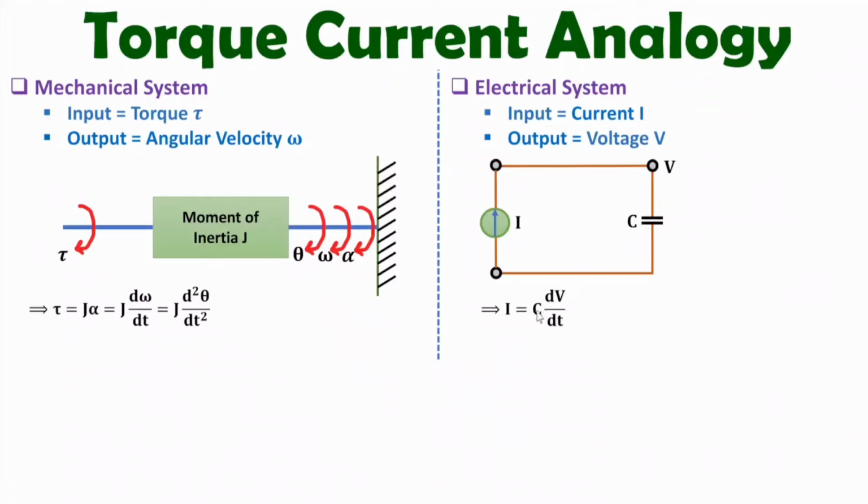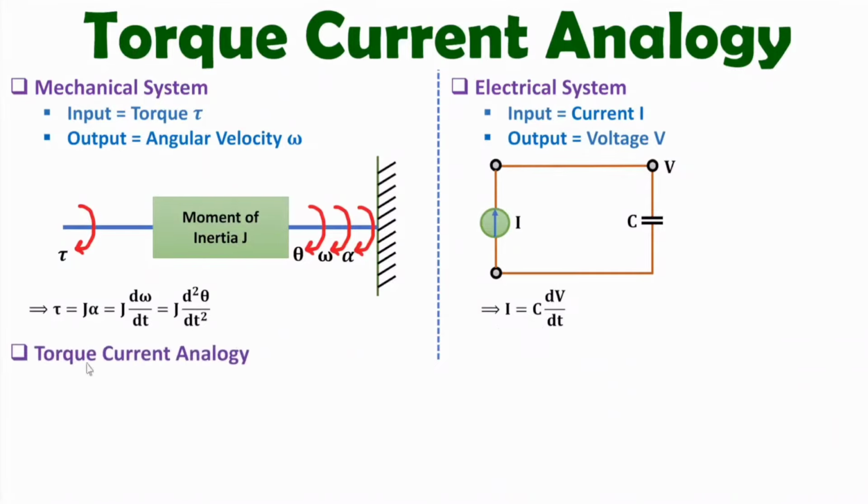Now if you compare these two equations, here the input is torque, here the input is current, and if you observe, here we have a single differential element, that is d omega by dt. Here also we have a single differential element, that is dV by dt. So one can say omega is equivalent to voltage. You see, output angular velocity is equivalent to voltage V, right? And this J is equivalent to capacitance, right?